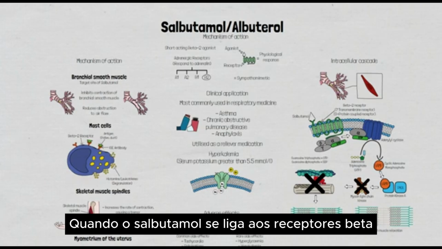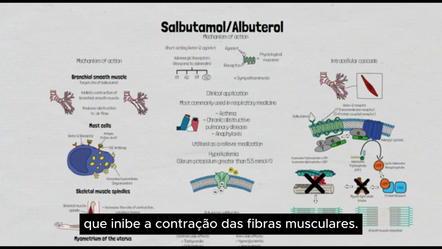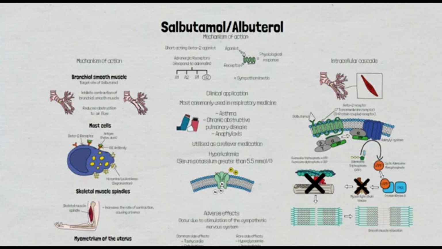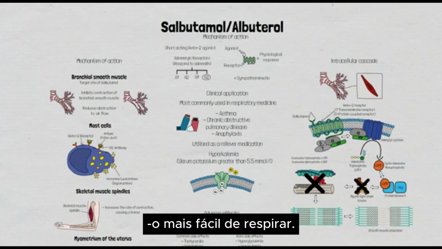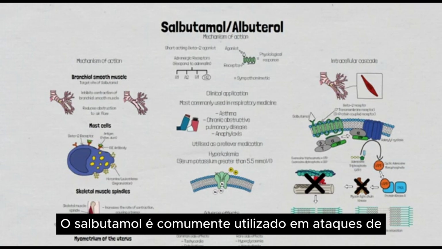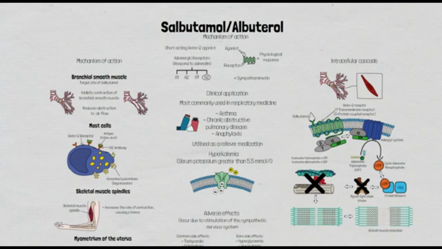When salbutamol binds to beta-2 receptors in bronchial smooth muscle, it causes an intracellular cascade that inhibits contraction of the muscle fibers. This leads to relaxation of the bronchial smooth muscle, making it easier to breathe. Salbutamol is commonly utilized in asthma attacks, as well as anaphylaxis, exacerbations of COPD, and the treatment of hyperkalemia.